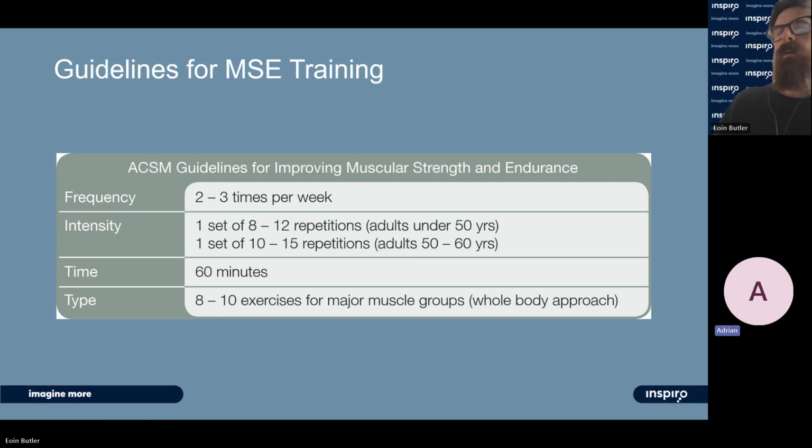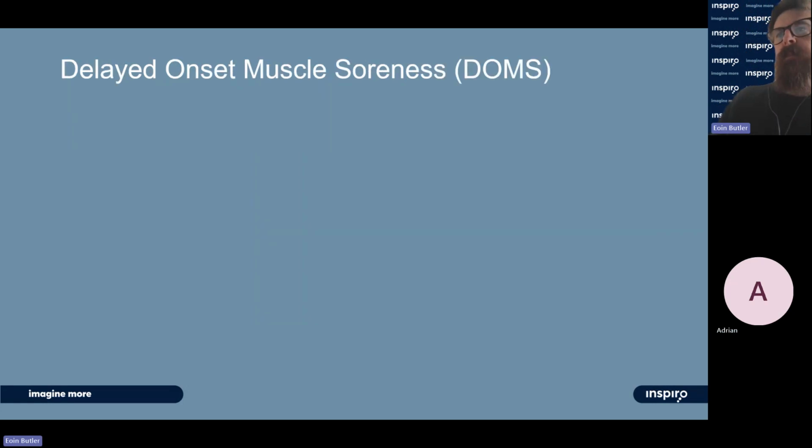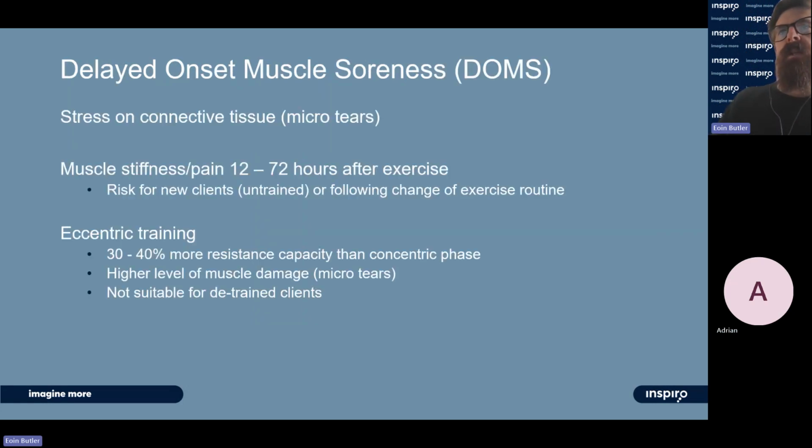Yeah, cool. Okay, so again, just a little bit of a recap here on DOMS. DOMS is the stress on connective tissue, so micro tears in the muscle fibers when we're doing resistance training. So it's muscle stiffness or pain 12 to 72 hours after exercise. It's a risk for new clients or following a change of exercise routine.